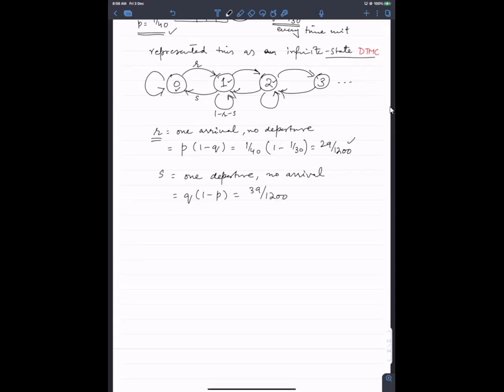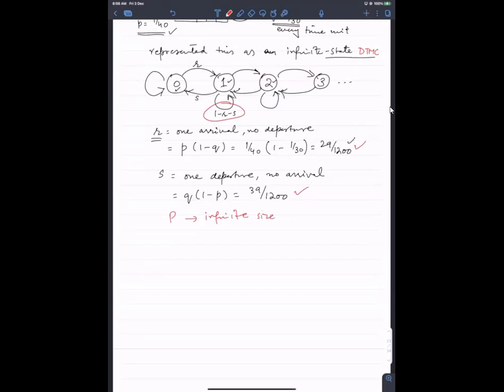39 over 1200. And of course, the probability that you stay in the same state is 1 minus the sum of these two. And last time we said that the probability transition matrix for this is infinite size.